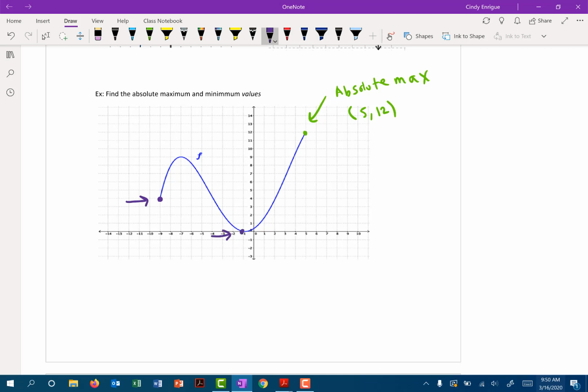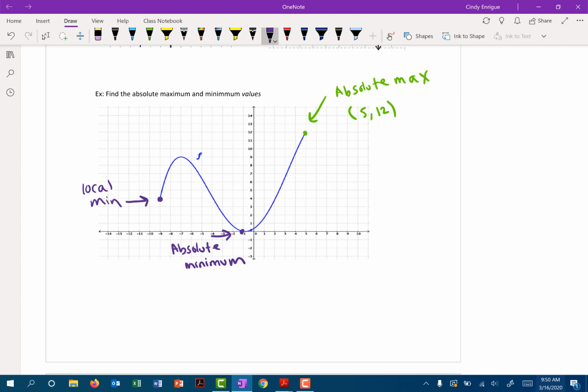So since we want the minimum, well, this one down here is lower than this one. So this one's going to be our absolute minimum. This one over here, we can think that that's going to be a local min.